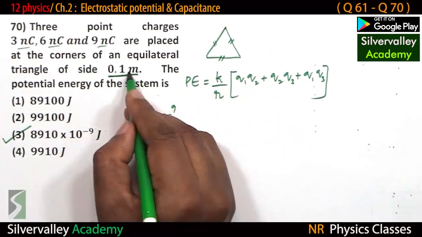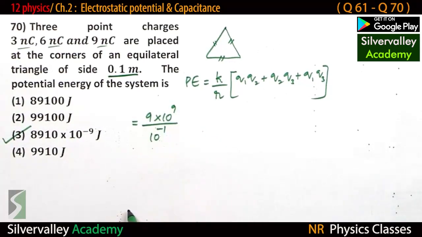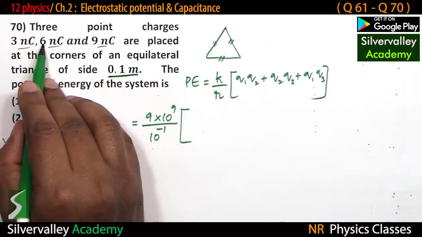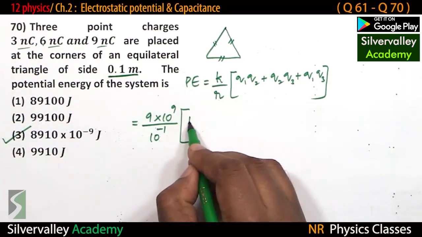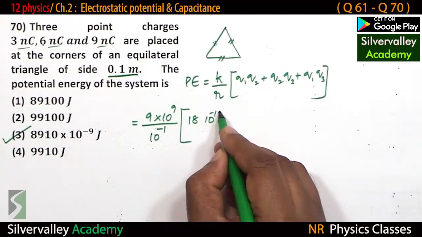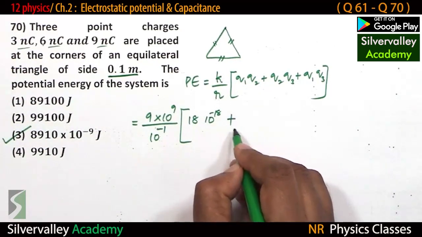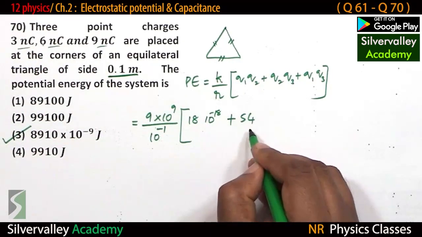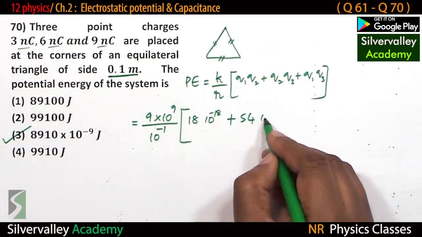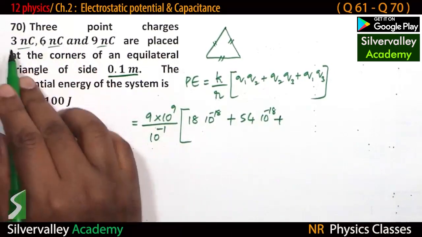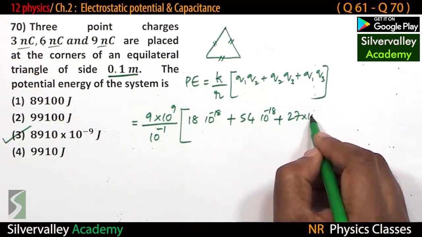Distance is 0.1 meter, that is 10 power minus 1. Q1 Q2, 3 into 6, 18, nano nano, 10 power minus 18. Plus 6 into 9, 54, nano nano, 10 power minus 18. Plus 9 into 3, 27 nano.